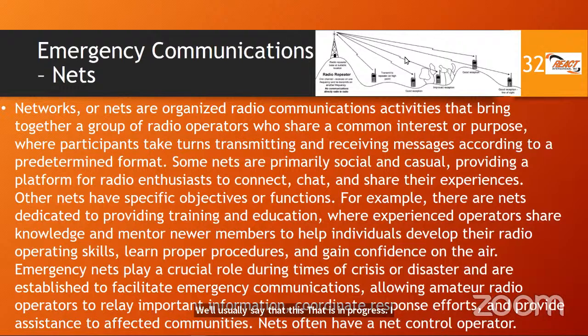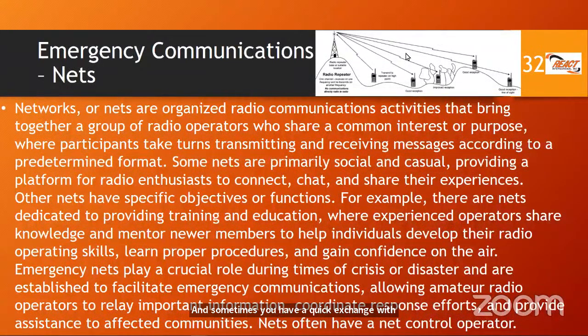Sometimes it's a directed net where all stations must speak to the net control operator, sort of like the chairperson of a meeting, and they will conduct the smooth flow. So they go onto a particular frequency. Oftentimes it can be a repeater. If it's HF, it can also be a simplex HF frequency. The net control operator will take check-ins. They will log the call signs of all the operators who have checked into the network, and sometimes you have a quick exchange with each person.